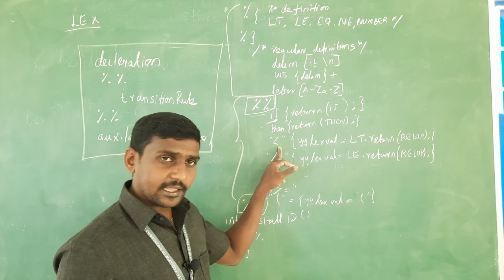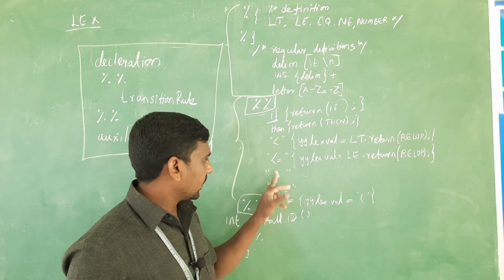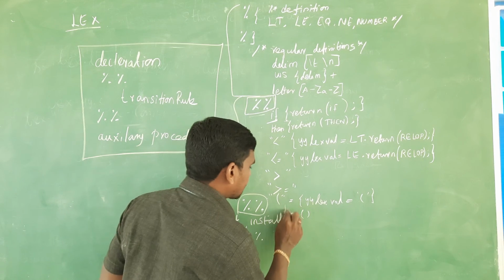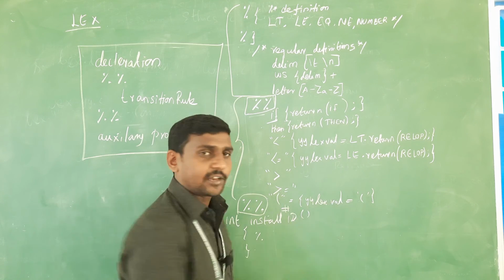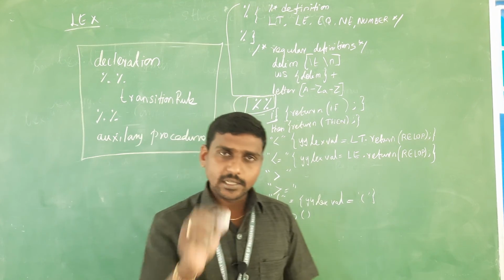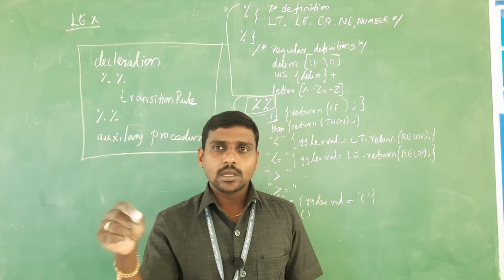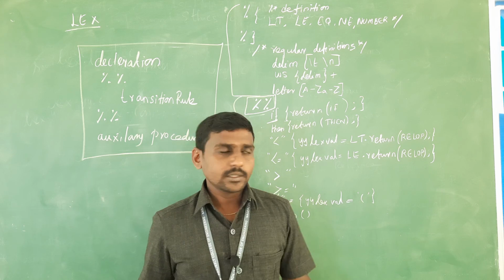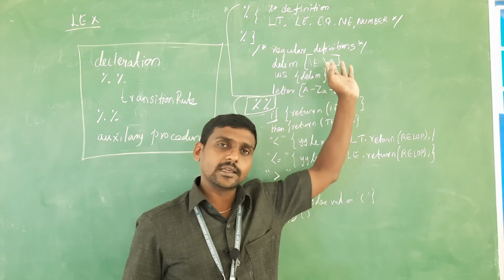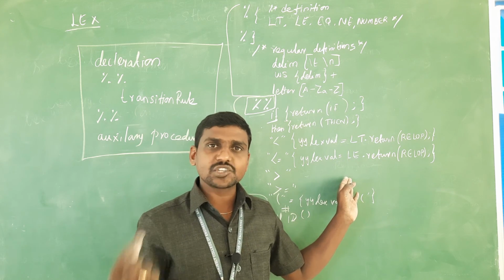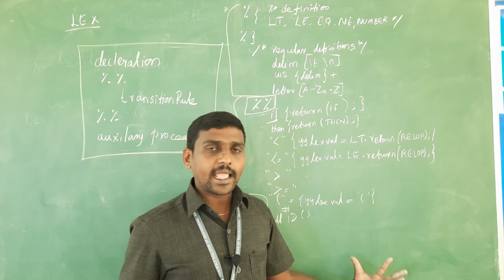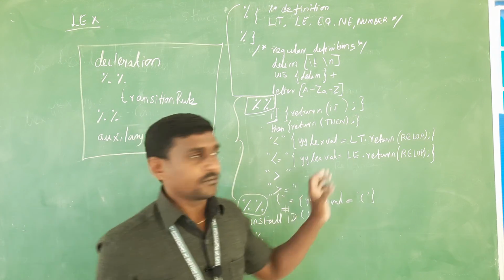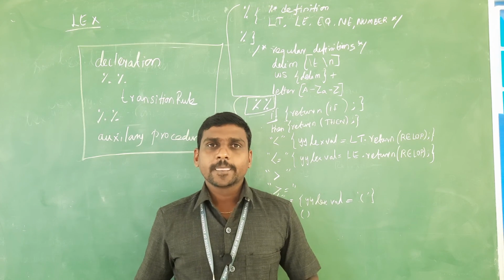See here I used less than, greater than, equal to, open brace. Even we can write hash; hash is a header file, right, hash include. Whatever the things you are going to write in a program, that should be in the declaration part, and that action should be written in the transition rule. And the last one is the auxiliary procedure. This is an ordinary C program that will perform the action.